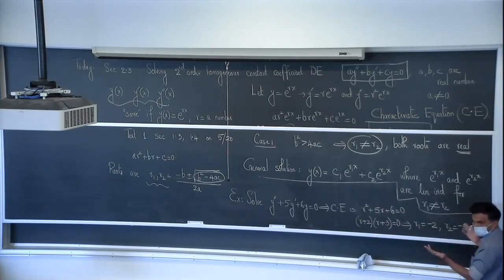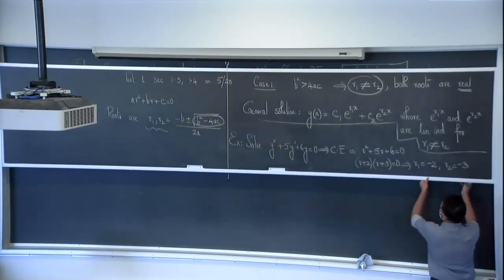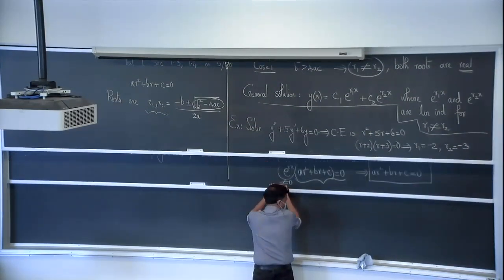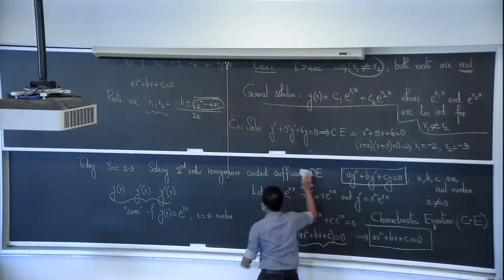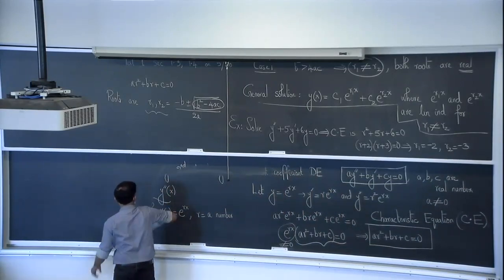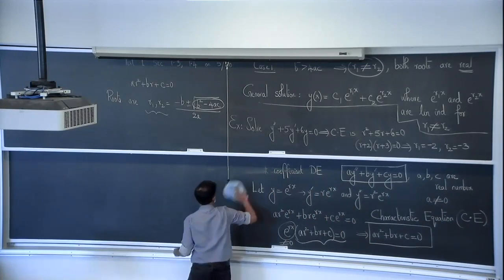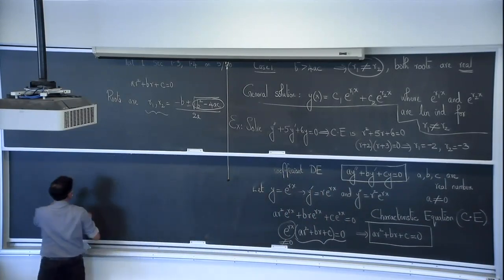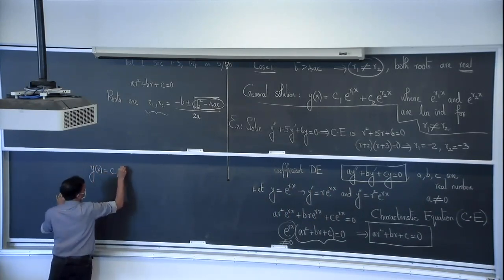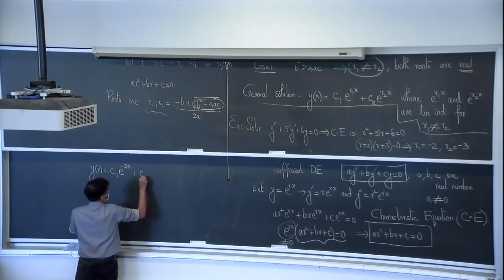Of course you can. You can flip these two as you like. All right, so now we have both the values, and you can write the general solution as y of x equal to c1 e to the power of -2x plus c2 e to the power of -3x.